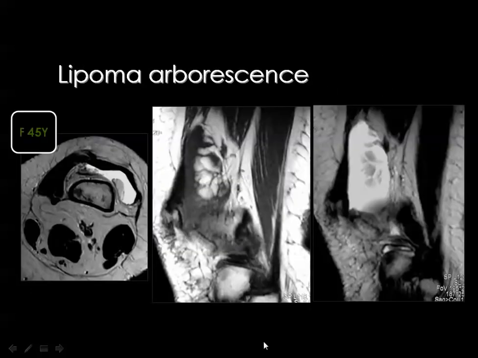Another case of lipoma arborescens, we see the branching feature of the fatty mass within the joint and the signal intensity of the lesion, which simulates that of the fat.